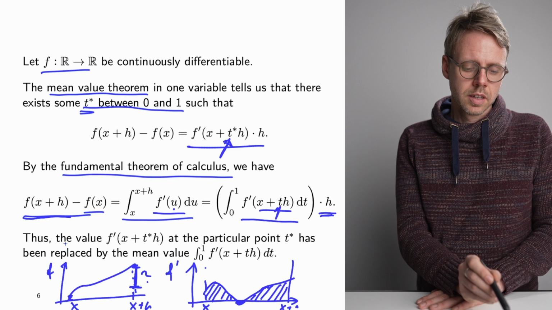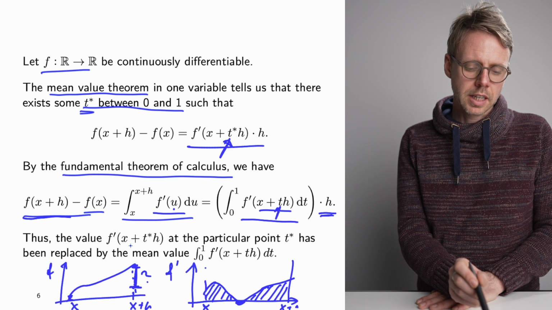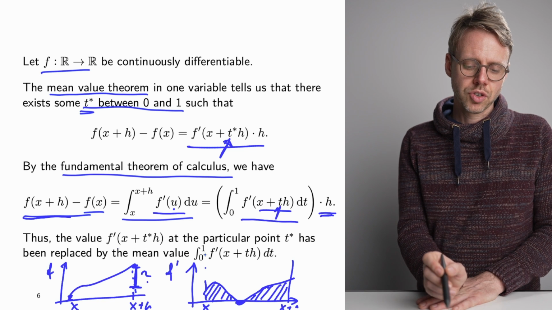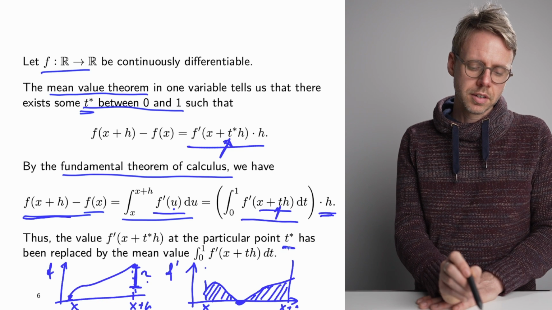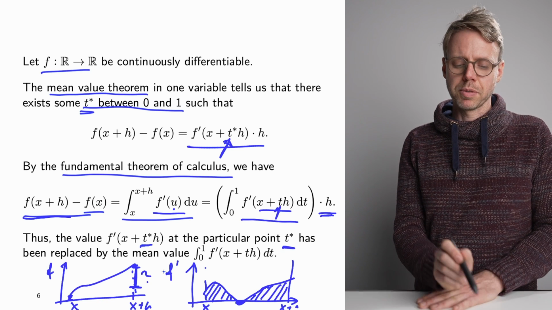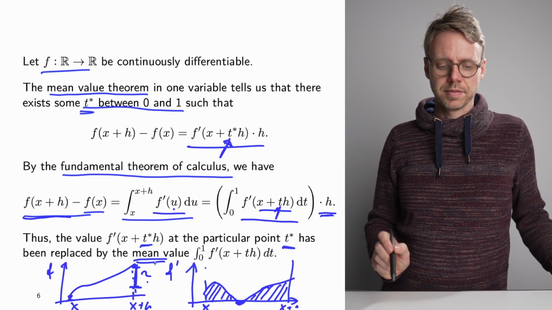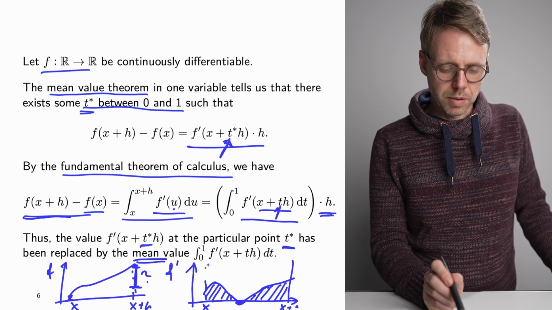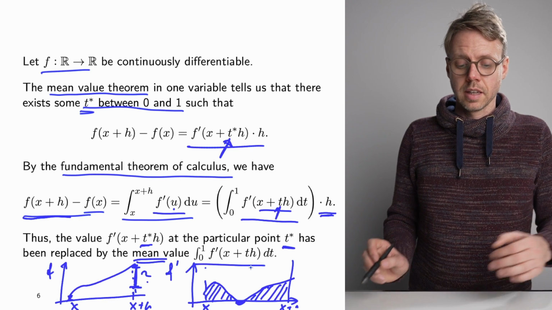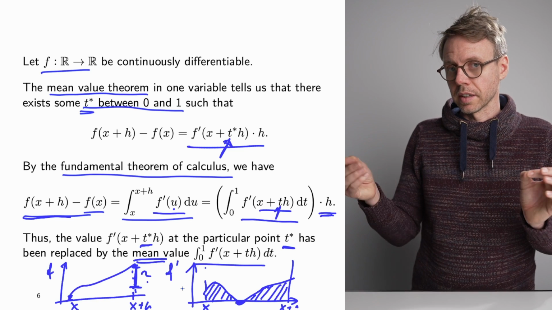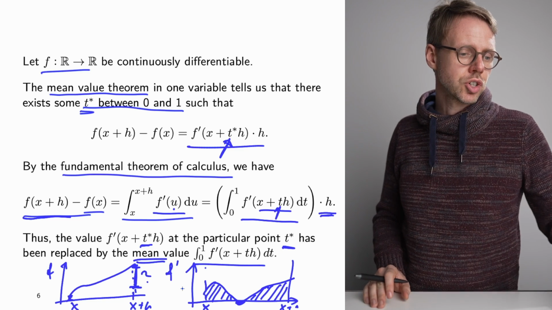Thus, the value f prime at x plus t times h at some particular point t star has been replaced by the mean of the function. So we're computing basically an average of the function by integrating over this function. So it's a continuous form of taking an average.